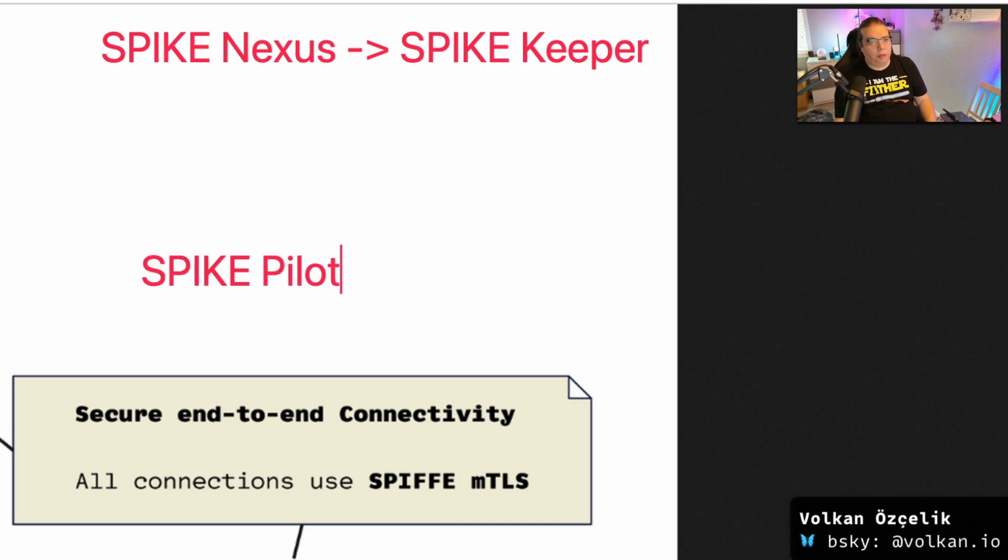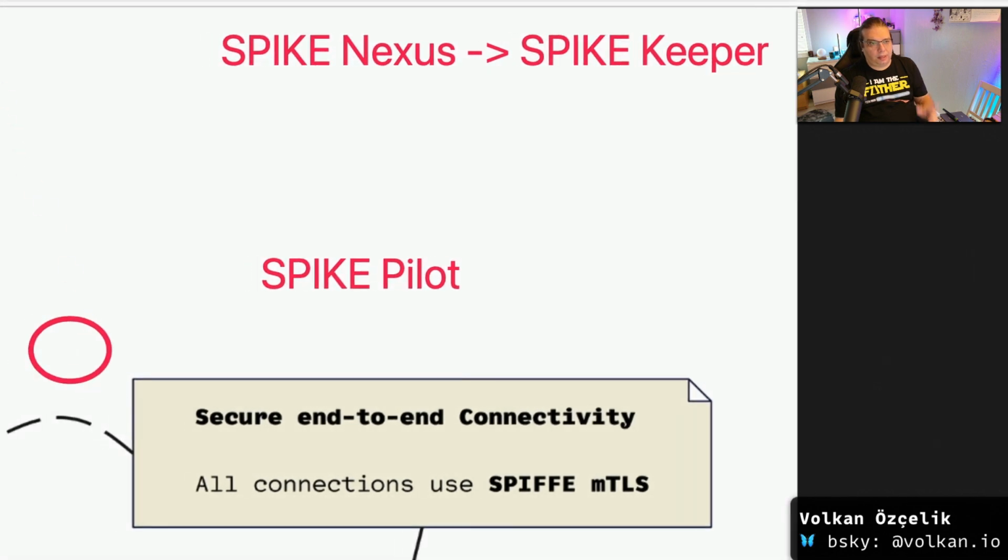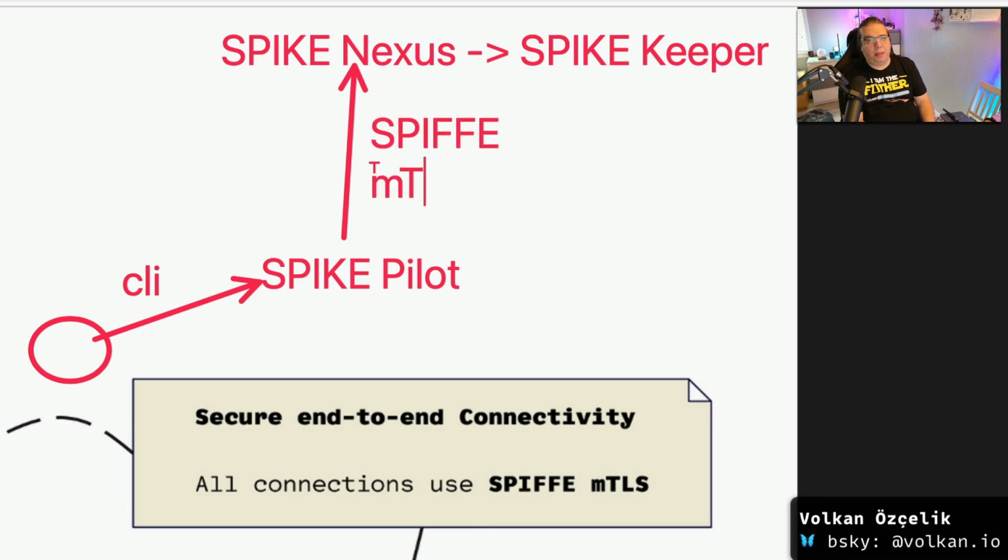A human user can interact with Spike Pilot using the command line interface, CLI. Once the user authenticates and uses the pilot, it talks to Nexus using SPIFFE-mTLS to do secret management operations: create policies, create secrets, delete secrets, update secret versions, and things like that. So it is typical secure key value store management operations.